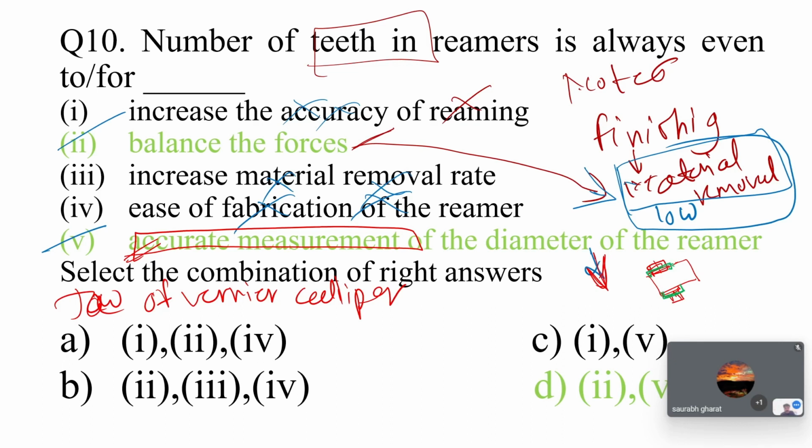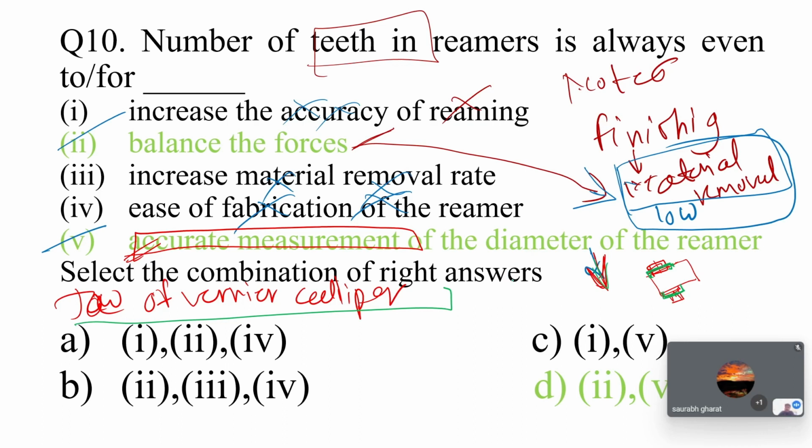For accurate measurement, as you are using the jaws of a vernier caliper, you need an even number of flutes so it can fit comfortably. This matters because it is a finishing pass, and in a finishing pass we require an accurate diameter.